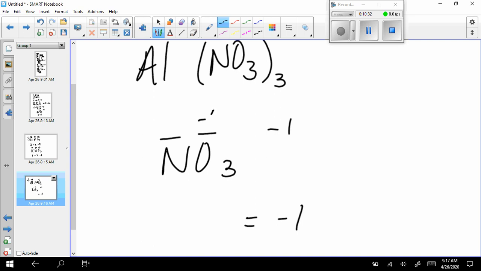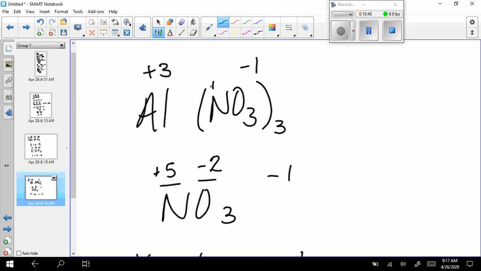So I know this is a -2, so X minus 6 is equal to -1. So this would have to be a +5. So I go back up here. This is a +5, and this is a -2, giving the whole NO3 a -1 overall.